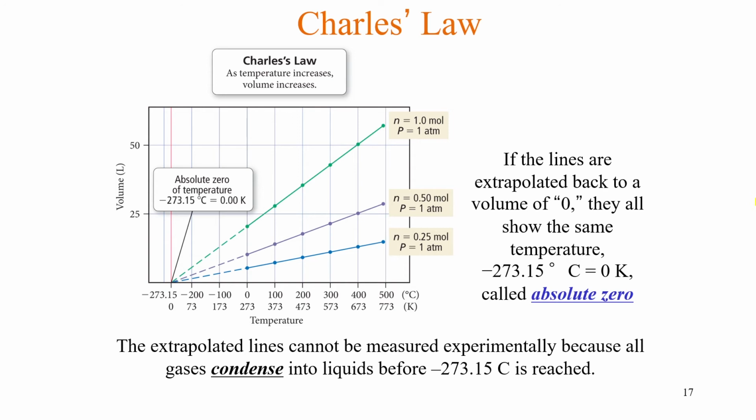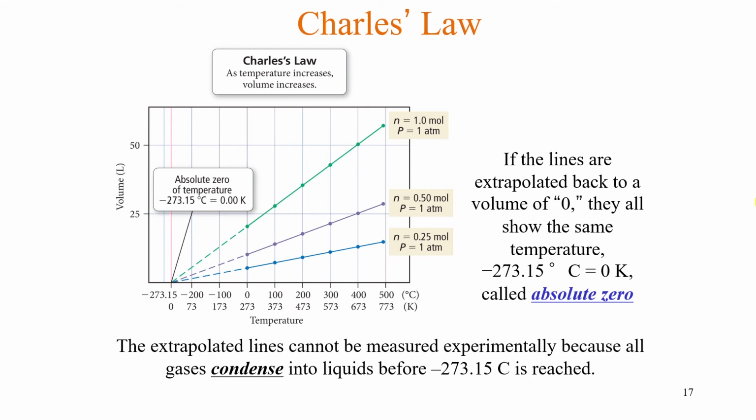So in 1848, William Thomson, aka Lord Kelvin, proposed a scale based on this absolute zero, where all the temperatures are positive. This temperature scale is called the absolute temperature scale, or sometimes, in honor of Lord Kelvin, the Kelvin scale.